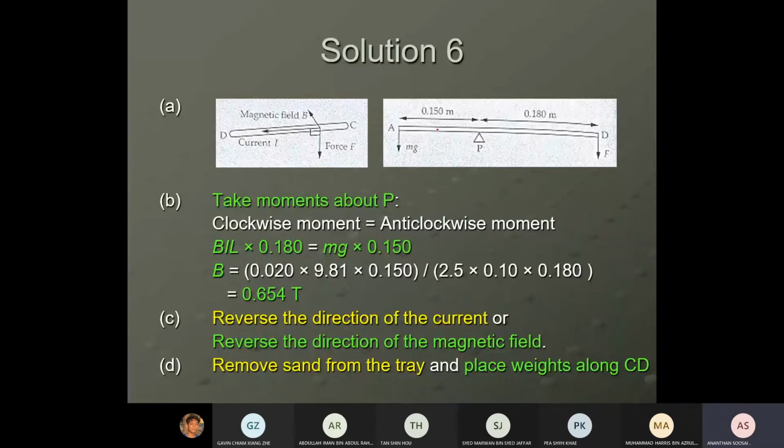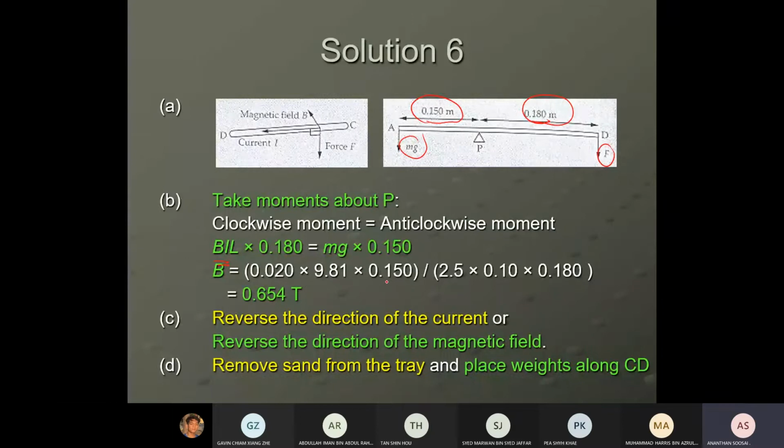So this is the diagram. Take moment. So mg times 0.15 should equal F times 0.18. So for F we put BIL, and the length is just the 10 centimeter.